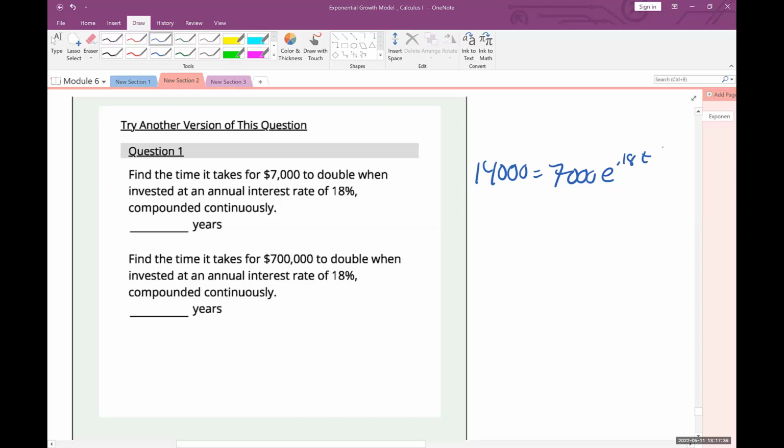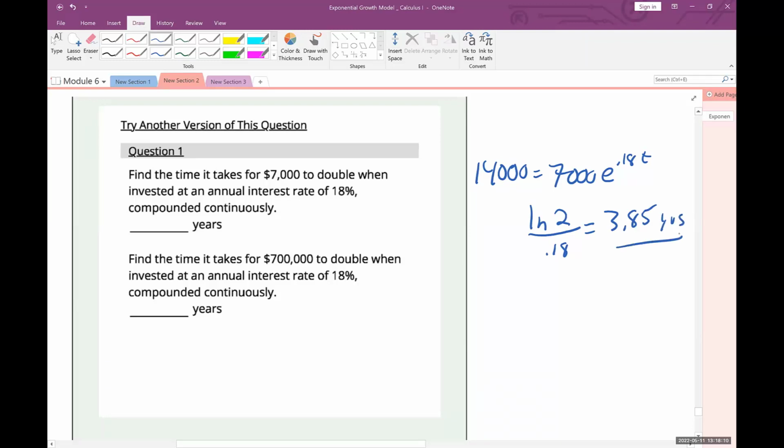But we have that formula, the doubling time is natural log of 2 over k, in this case 0.18. What's that going to be? I have 3.85 years.